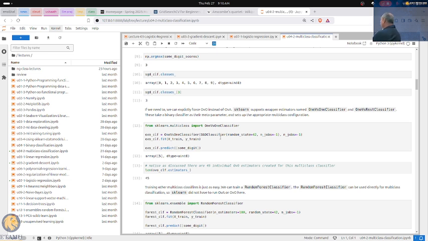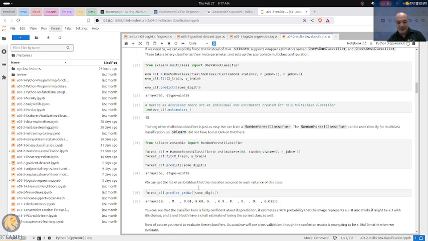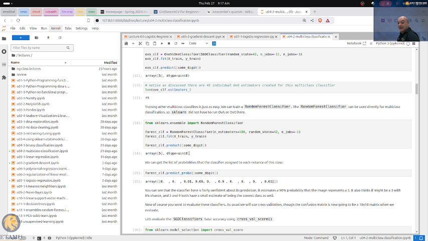I had a case where it seemed like it was useful, but it is useful to know that behind the scenes that might be happening. So if you're doing a multi-class classification task, it might be useful to know whether your classifier natively supports that, or if it's building multiple classifiers for you and combining the results.